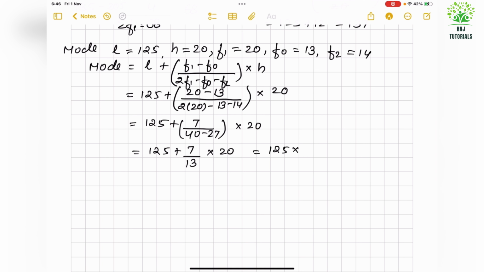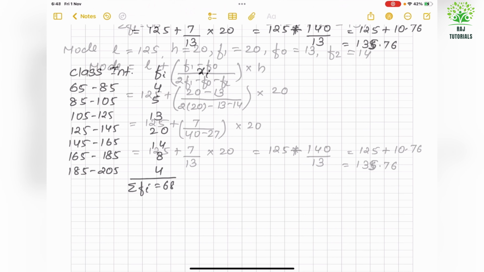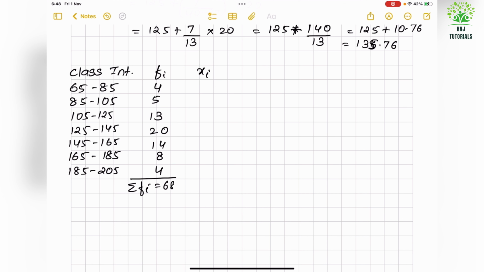So that is 125 plus 140 upon 13. So 125 plus 10.76, so 135.76.